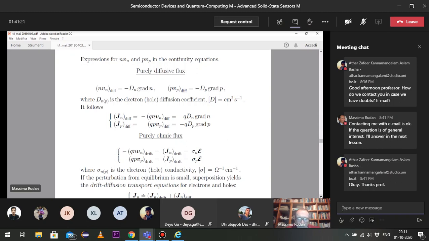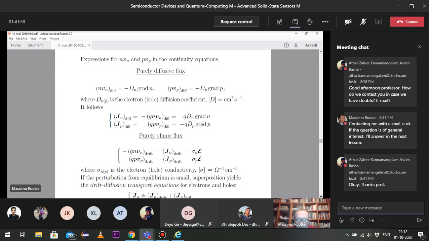Okay, in the purely ohmic situation, that means when we have only this phenomenon, the easiest form of the relation between the current density and the electric field is the linear form. So we assume that the current density of the electrons is proportional to the electric field through a constant that we call sigma n.